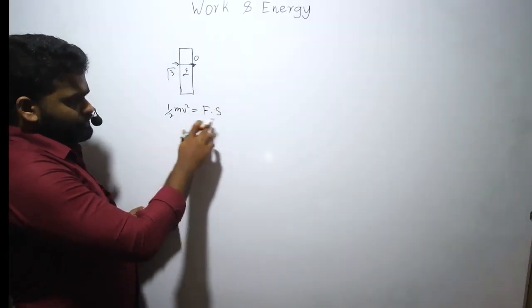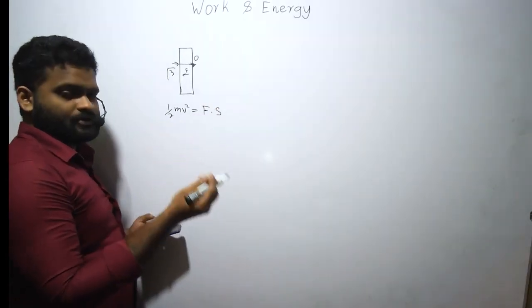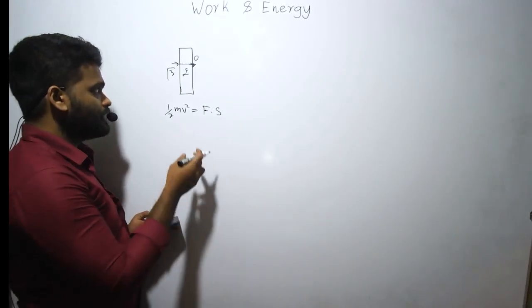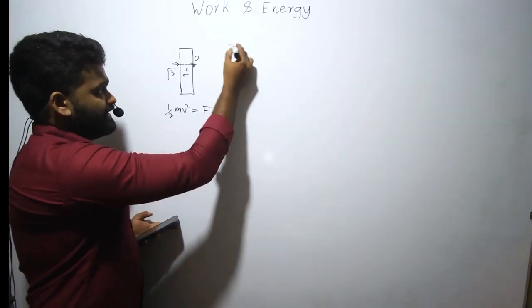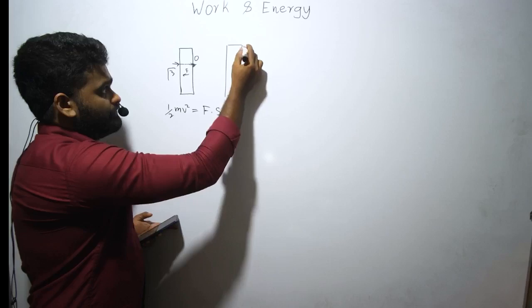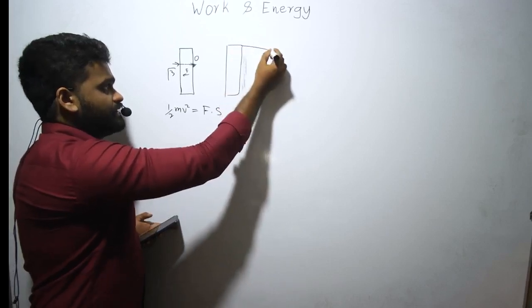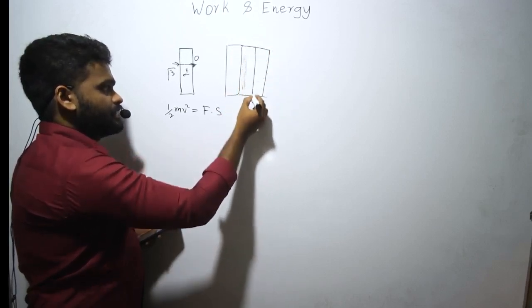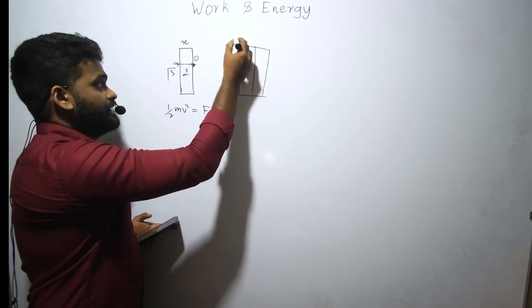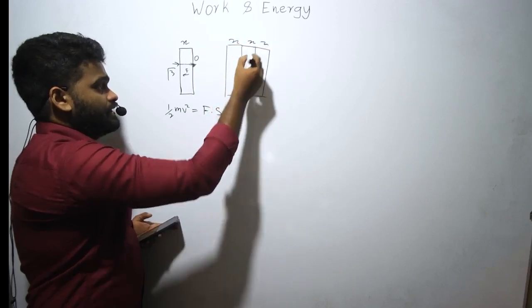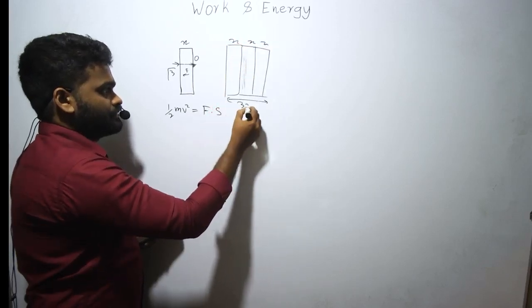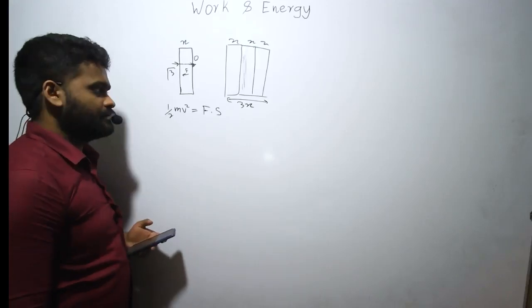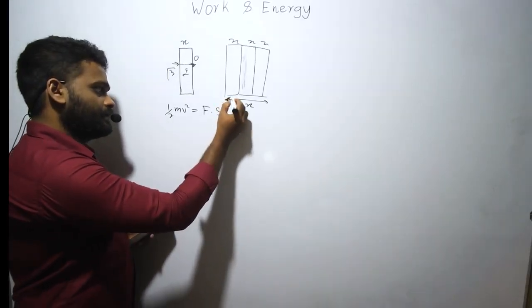If you want, you can use a proportional method. You know that in the next case, there are 3 wood planks, right? So 3 times the thickness. Let's say thickness here x, here it will be 3x.